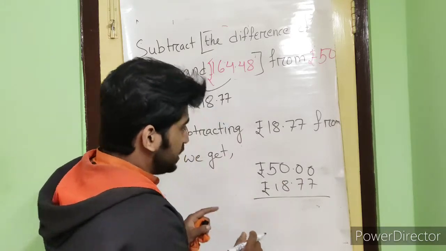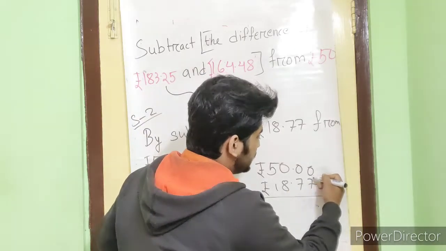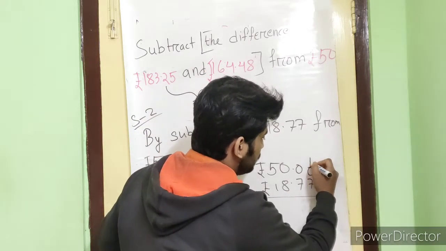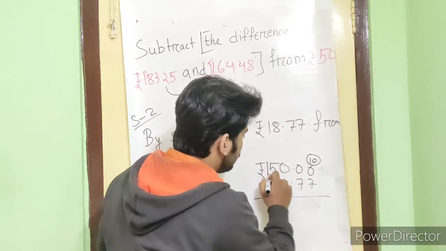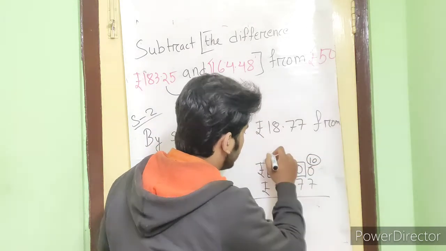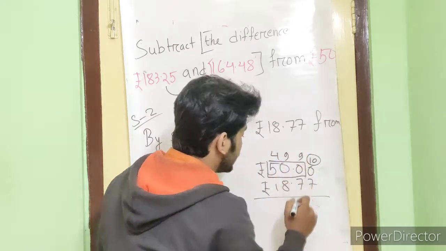So following this thing, see what is there, 10, and we know how to take common loan, so we will take this one as common and after that we will write 499.